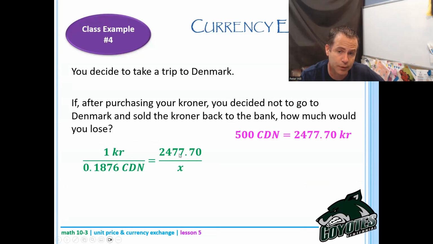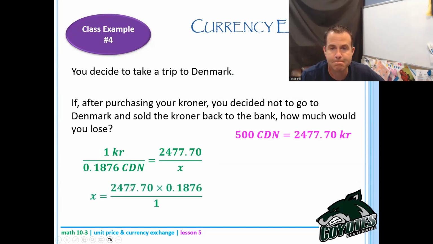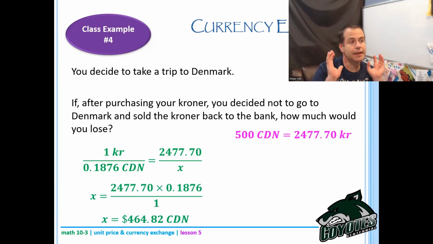So I go 2,477.70. I'm going to multiply by the 0.1876 and then divide by 1. Okay, and that's going to give me 464.82 Canadian. So look what happened. I started originally with 500 Canadian. I went to the bank to sell me kroner.